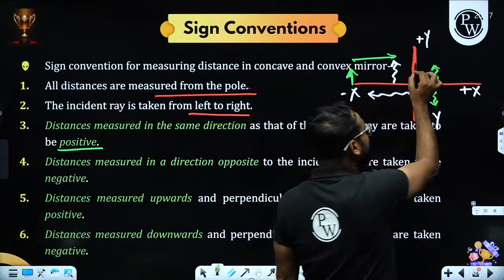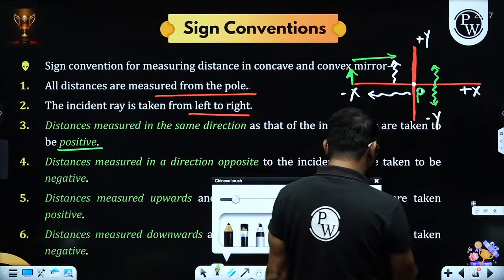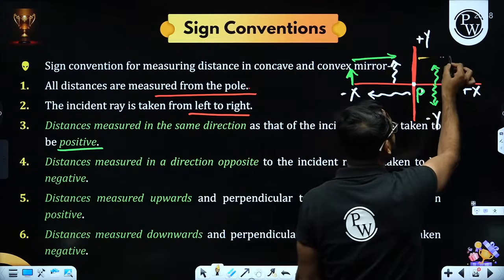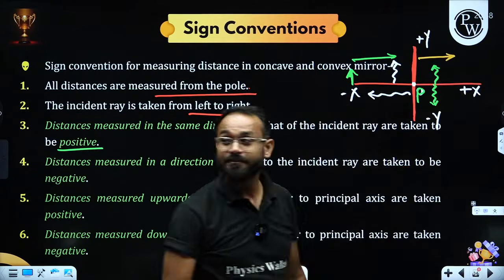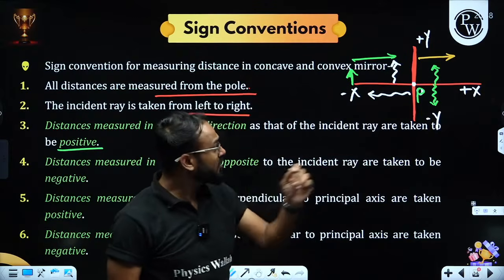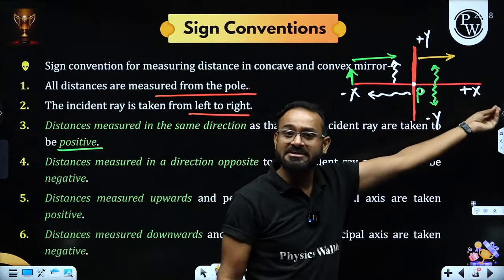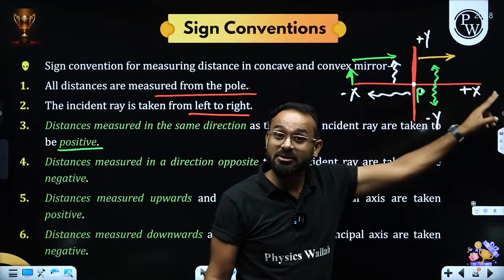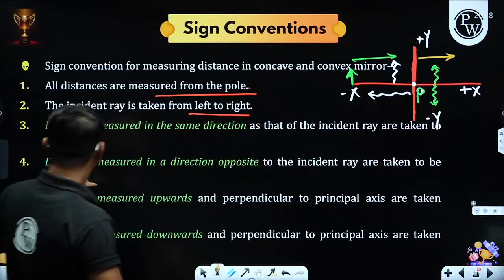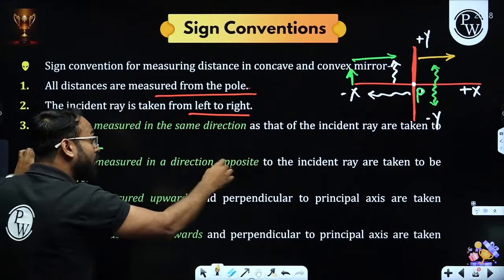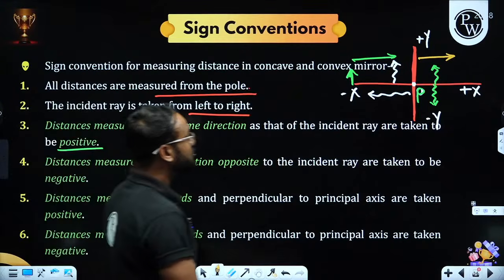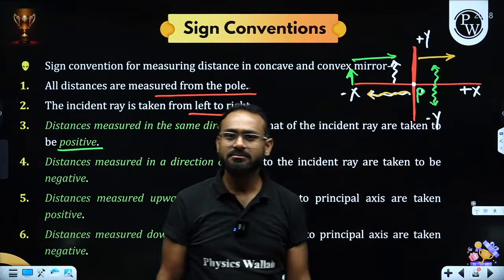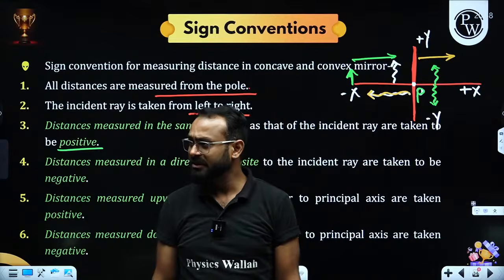So if I measure anything towards the direction of the incident ray, left to right, that will be positive. That means it is on the right hand side from the pole. Distances measured opposite to the incident ray, if you measure anything on the opposite side, will be negative from the pole.